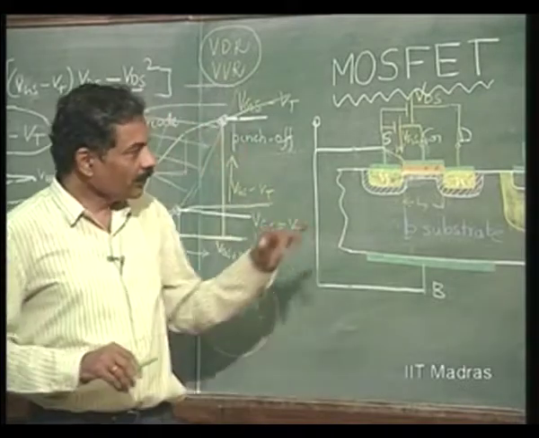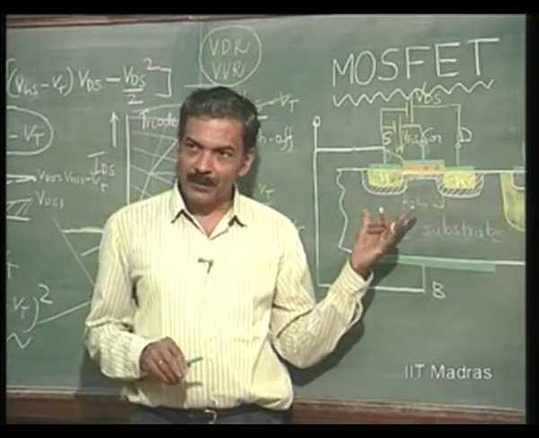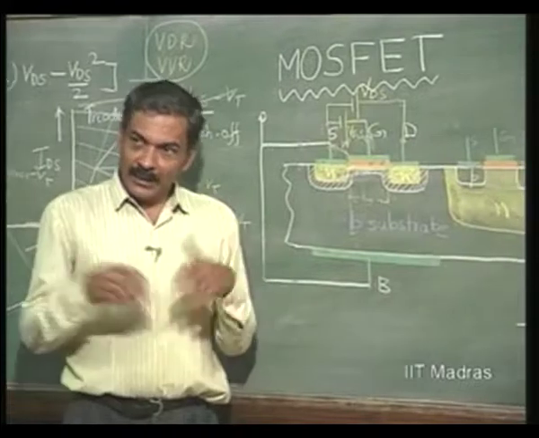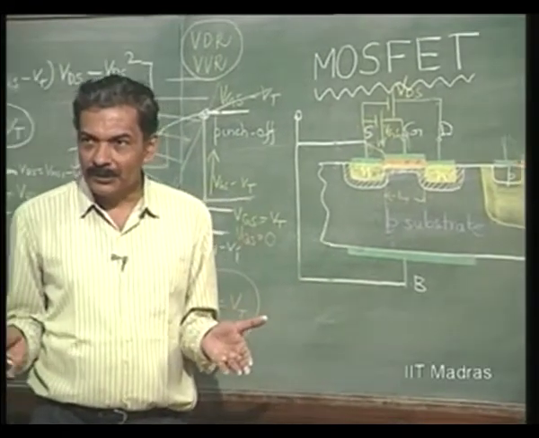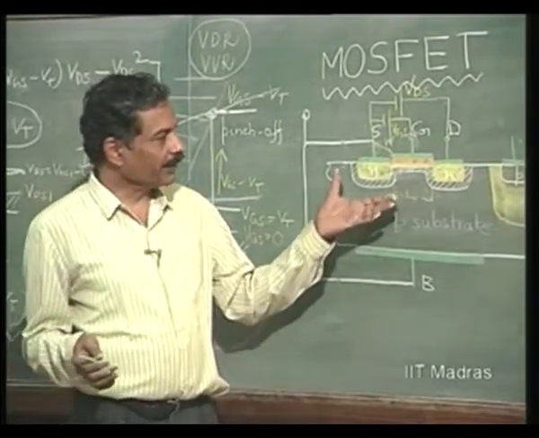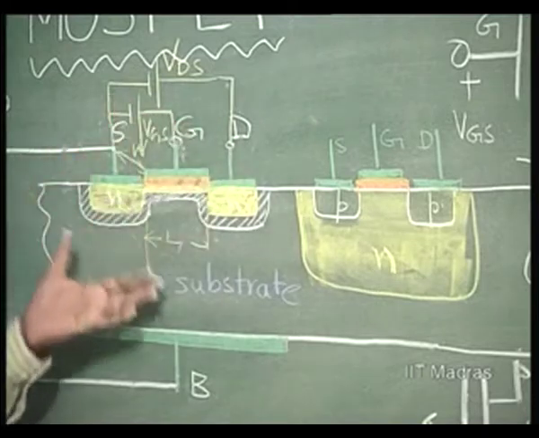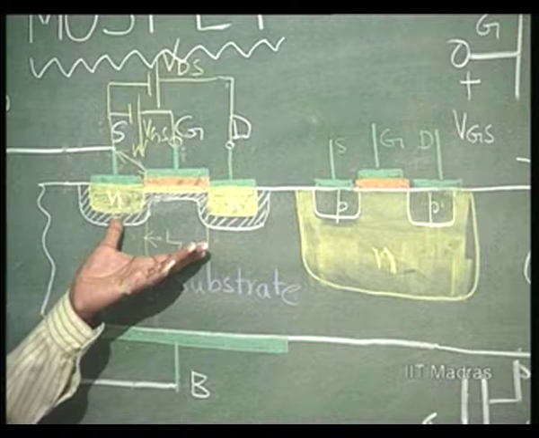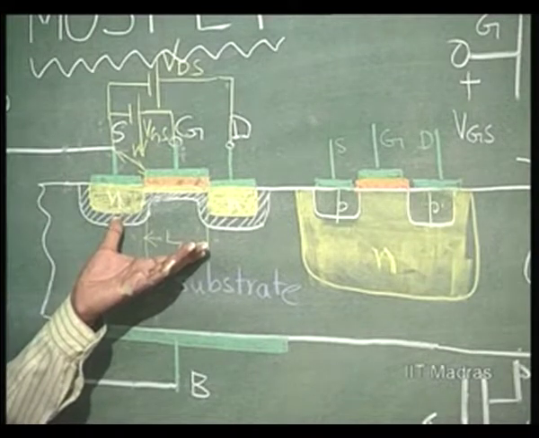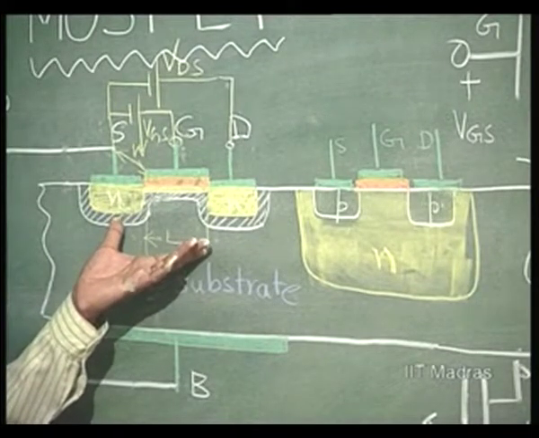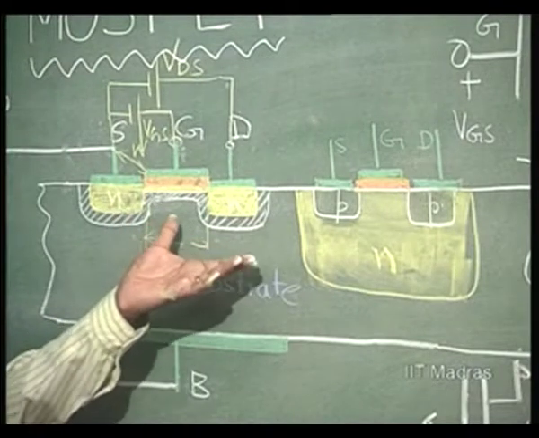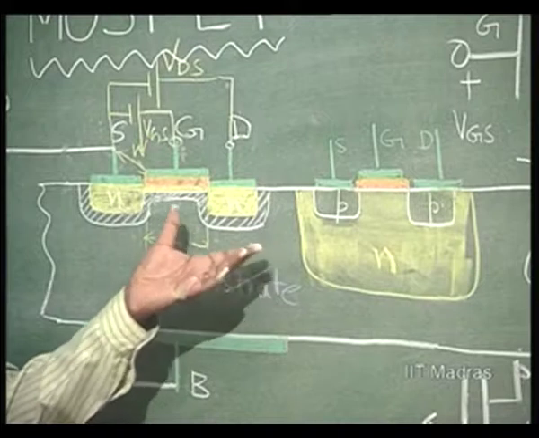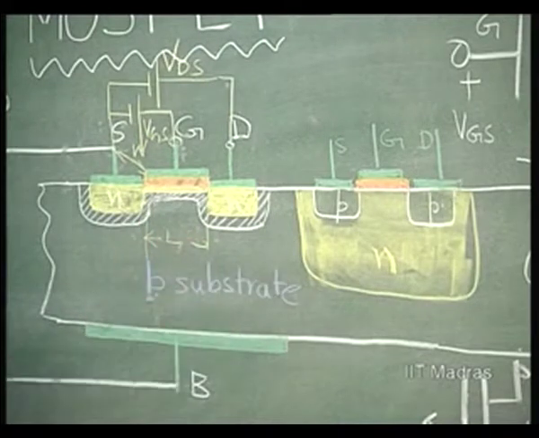So, the reliability depends upon the number of steps. The yield also depends upon the number of steps adopted for fabrication. So, most VLSI circuits can be either N channel alone, NMOS technology, or PMOS technology or CMOS technology.